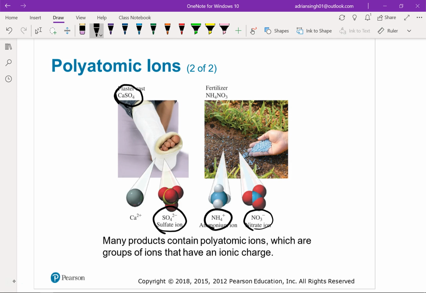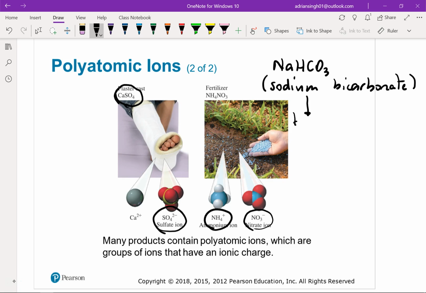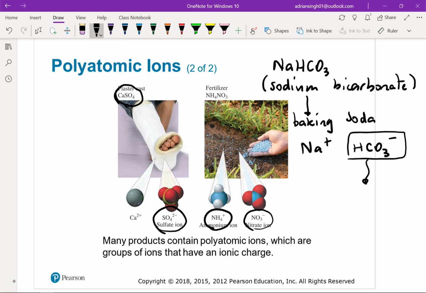And then something that you find in your kitchen, you have this compound, NaHCO3, which is sodium bicarbonate, also known as just simply baking soda. Right, and this is made up of the sodium ion, and you have the bicarbonate ion, right? So this bicarbonate here is the polyatomic ion that we're looking at.